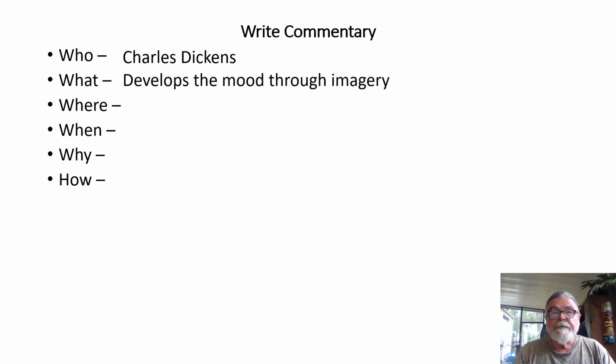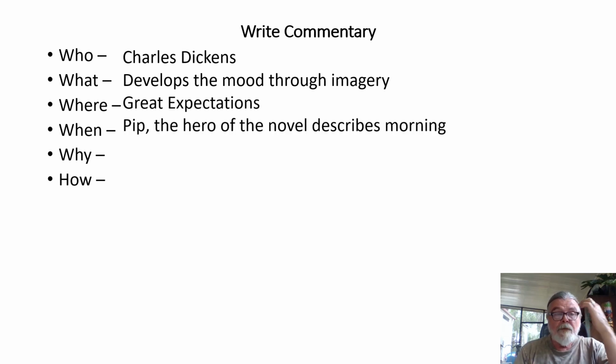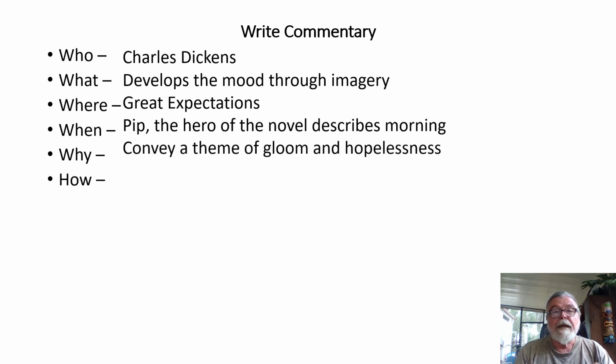What is he doing? Well, he's developing the mood through imagery. Remember, the words that he uses have a tone that create a mood for me, the reader. Where is he doing it? Great Expectations. When is he doing it? Well, when Pip, the hero of the novel, describes the morning. Why is he doing it?